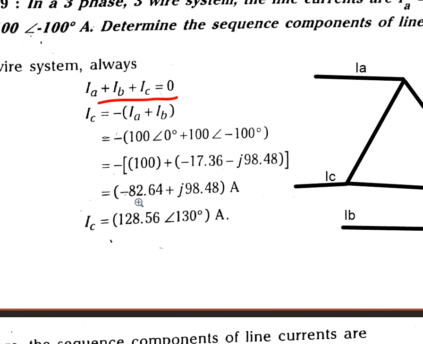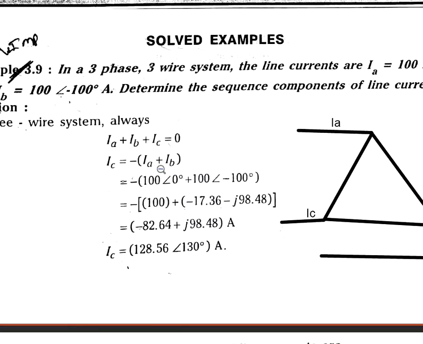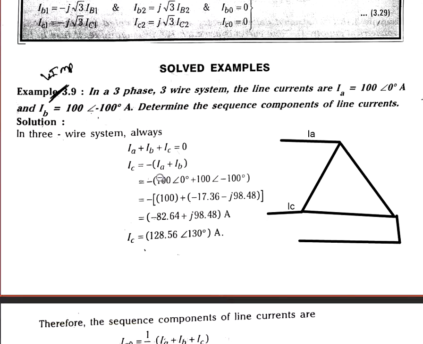Minus IA minus IB. So I can write IC equals minus of IA plus IB.